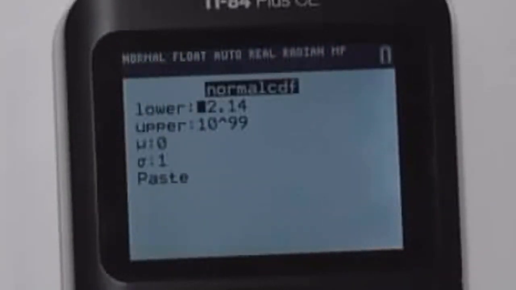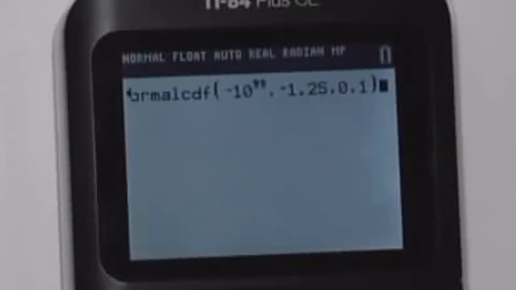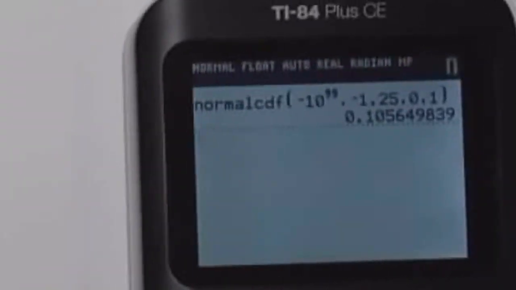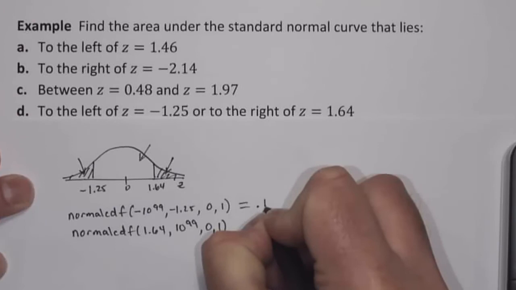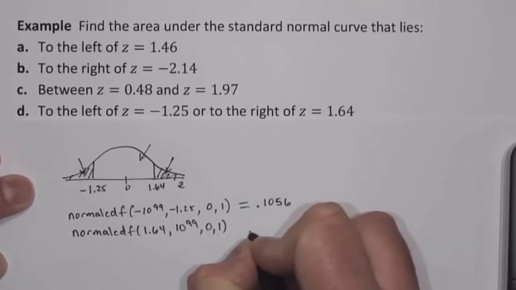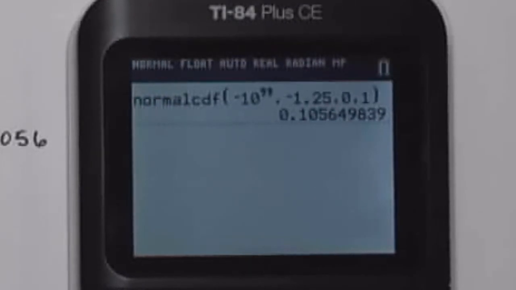So normal CDF, big negative number to negative 1.25, mean of 0, standard deviation of 1. So that area is about 0.1056. Okay. Finding the other, normal CDF.